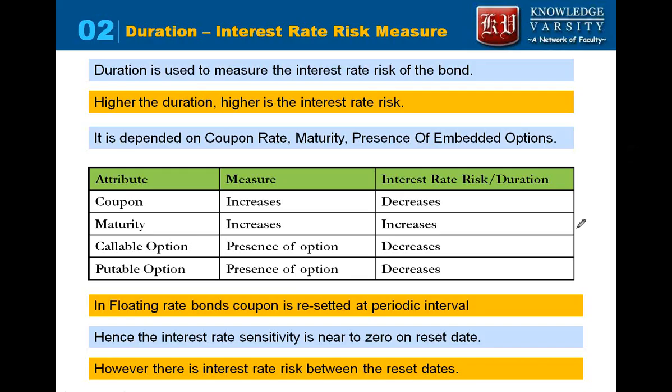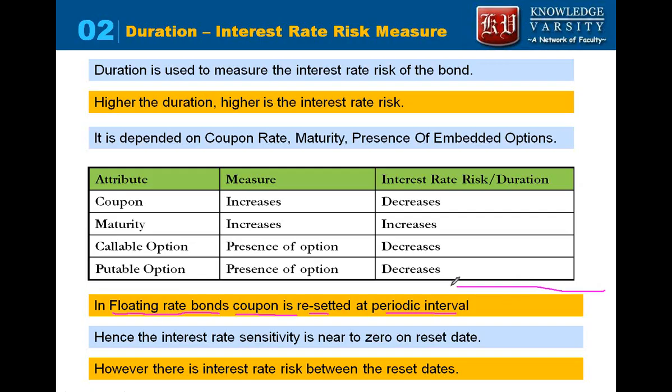Now we were talking about the case of fixed income, fixed coupon bonds. In a floating rate bond, the coupon is reset at periodic intervals. Why reset?